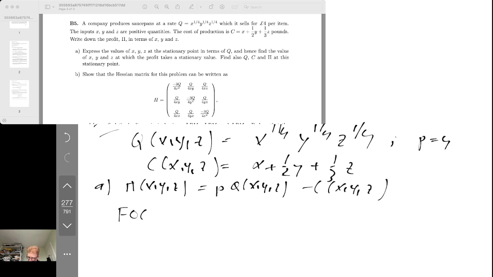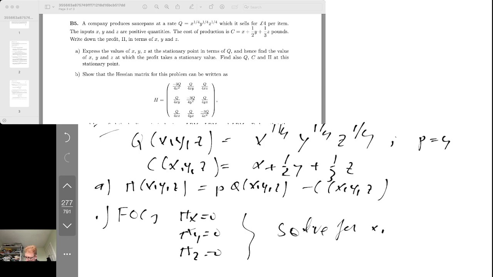Then you write down the FOCs. So pi_x is 0, pi_y is 0, pi_z is 0. Solve for x, y, z.